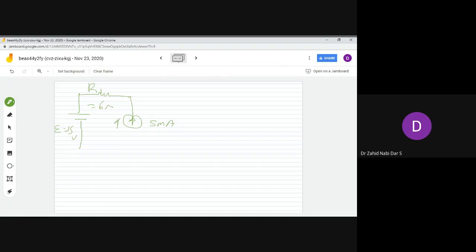Then you have another resistance, R2 is equal to 2 kilo ohm, and then you have the load resistance here. The load is a variable resistance, which varies between 0 to 5 kilo ohm.